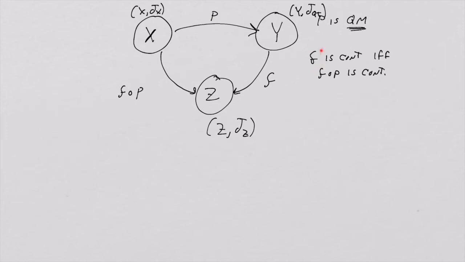So if we assume the continuity of F, and we're given the continuity of P, well, we happen to know that the composition of two continuous functions is continuous. So if P is continuous and F is continuous, then F after P is continuous.